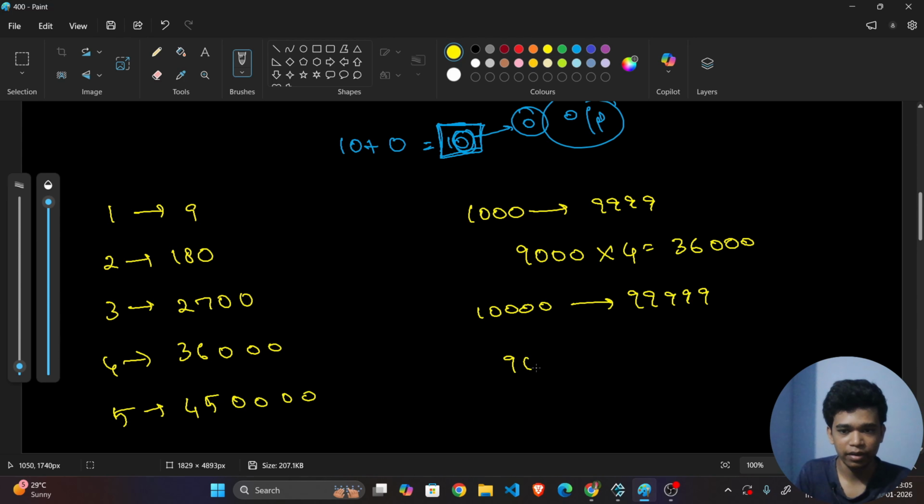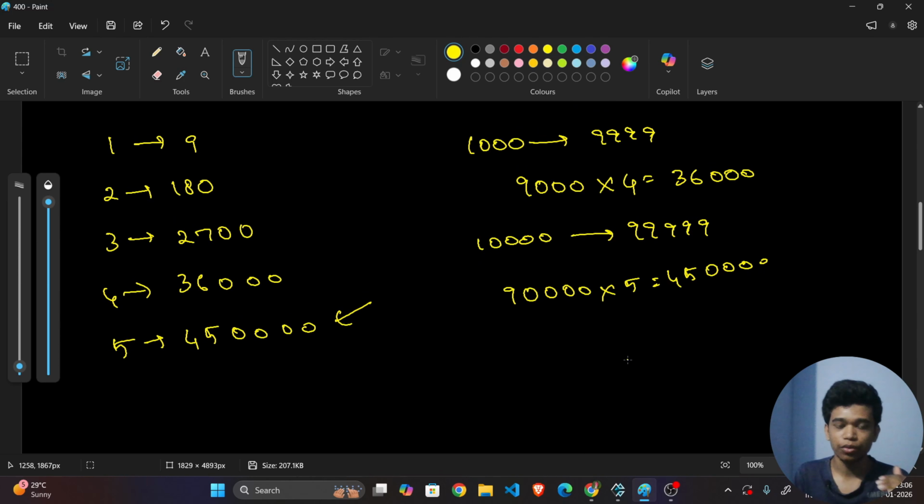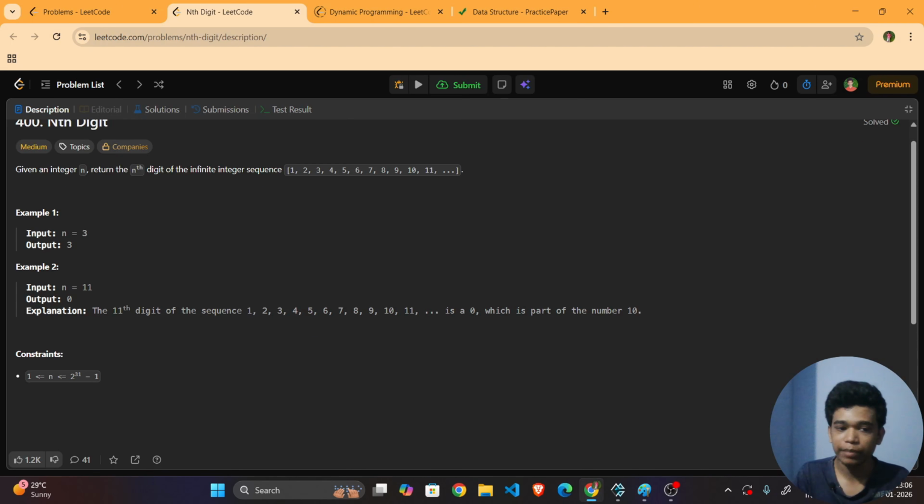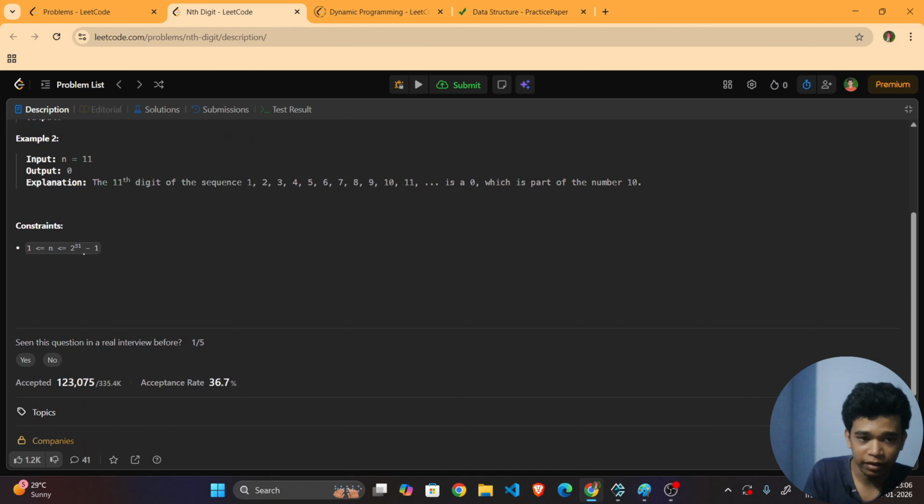It is 90000, times 5, which is equal to 45 and then 4 zeros. That's the reason why I'm putting it here like that. So we want to repeat this step how many times? We want to repeat this step until we attain the n value of 2 power 31 minus 1. Repeat this step again and again.